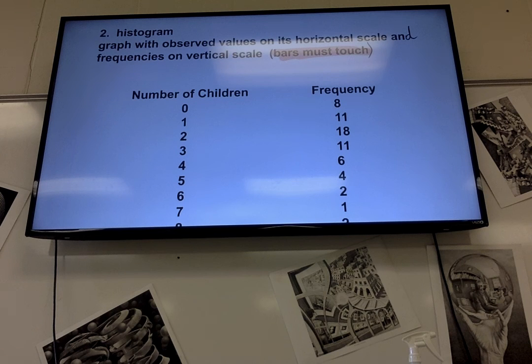This is the same frequency distribution that we wrote out the other day when we were doing frequency distributions about couples and number of children they had.